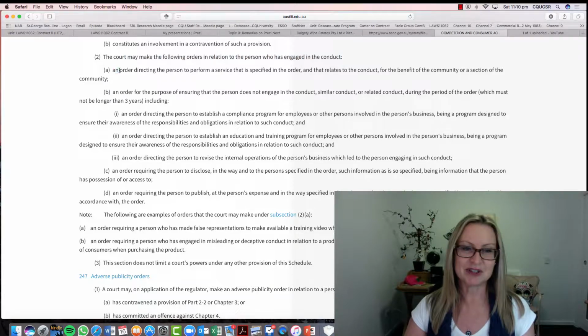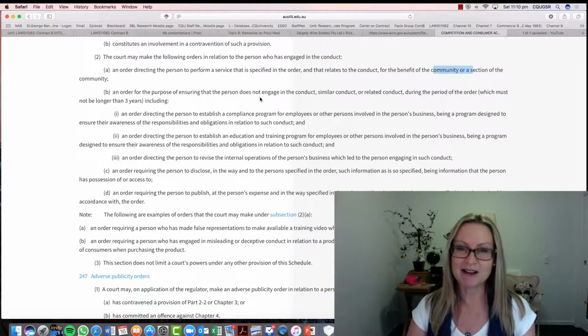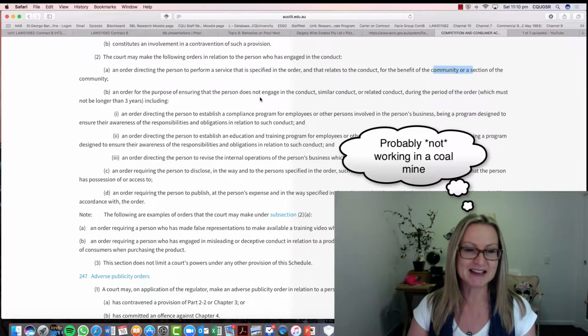So, an order directing the person to perform community service. How delightful. You've breached Section 18 and now you must do some kind of community service. What kind of community service is that?